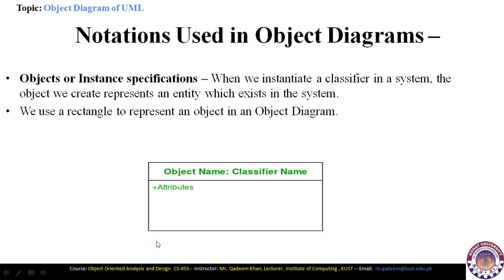We use a rectangular icon to represent an object in the object diagram, and here we will provide all the attributes. This is the representation of the object.